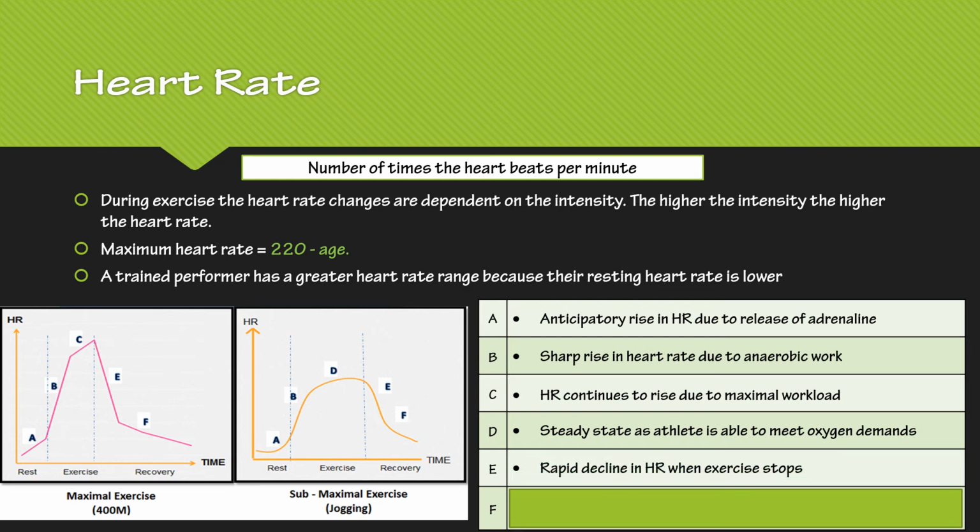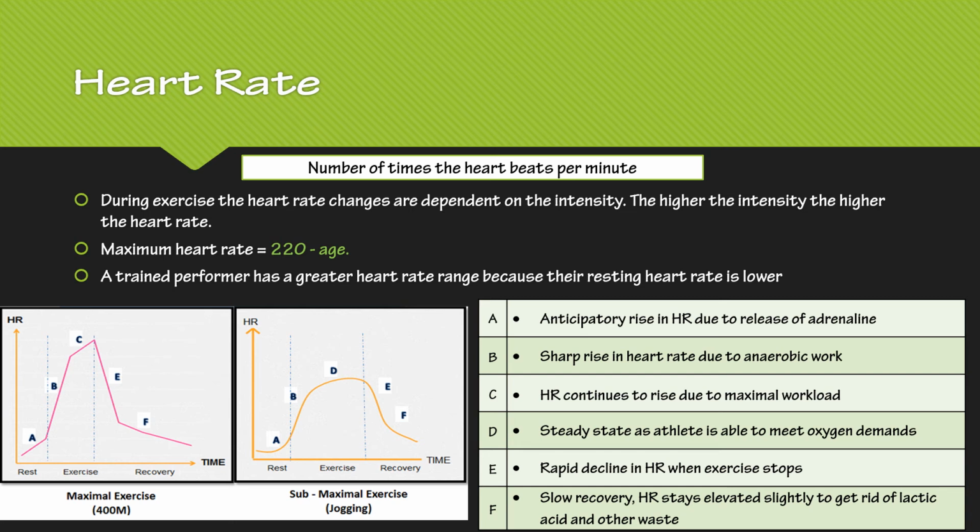At E, in both submaximal and maximal, we get a rapid decline in heart rate when we stop exercising, and then we get a slower, more constant recovery as the heart rate stays elevated slightly to get rid of lactic acid and other waste products.